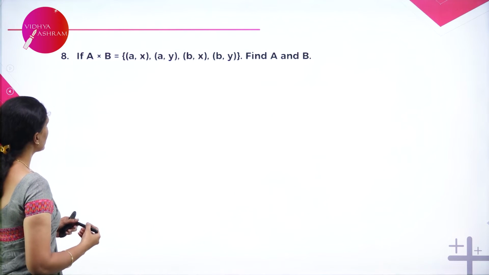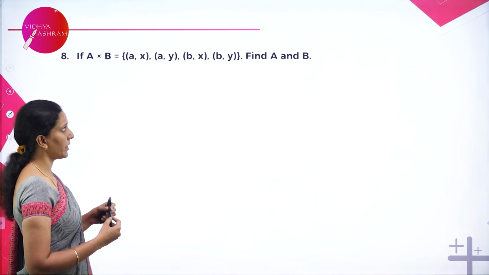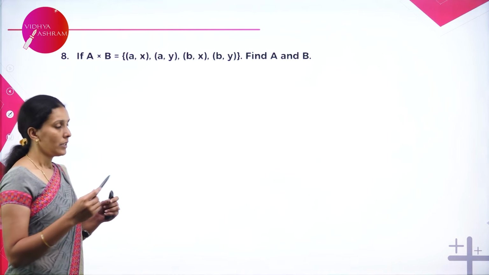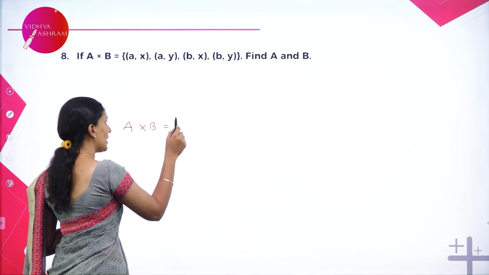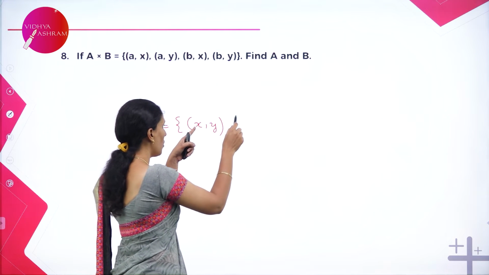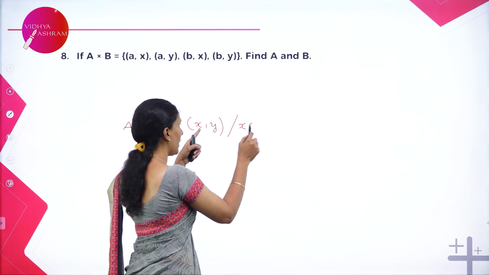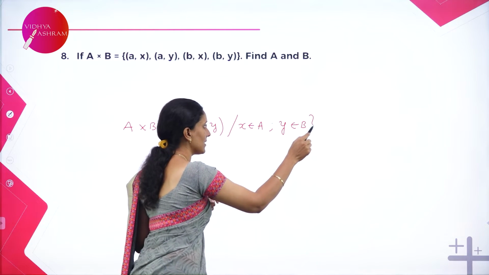Next, if A cross B is equal to (a, x), (a, y), (b, x), (b, y), find A and B. According to the definition of the Cartesian product, it is the collection of all those elements in the form of an ordered pair, where the first element belongs to the first set and the second element belongs to the second set.